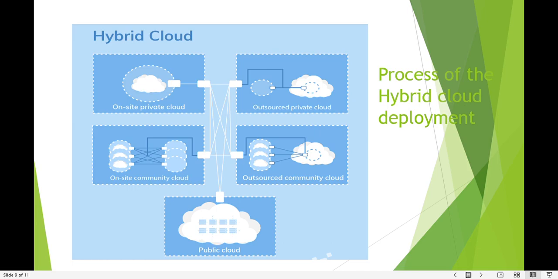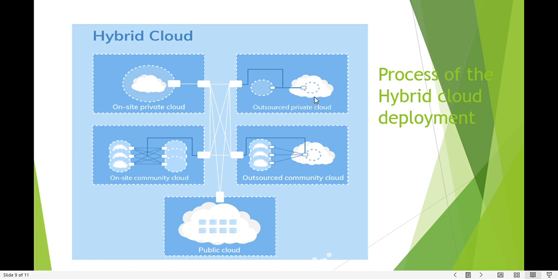So we have an on-site private cloud, an outsourced private cloud, an on-site community cloud, an outsourced community cloud, and a public cloud. The private cloud gives some information to the outsourced one and also to the public.